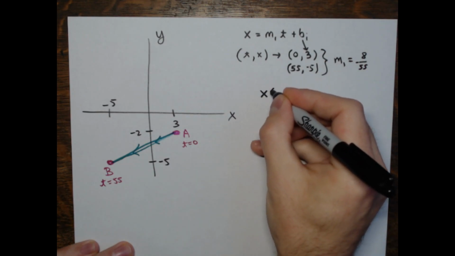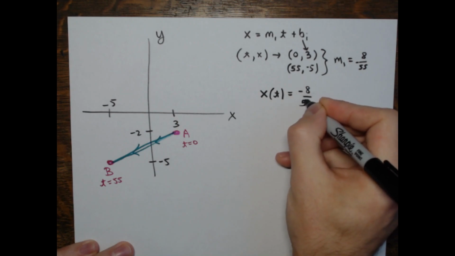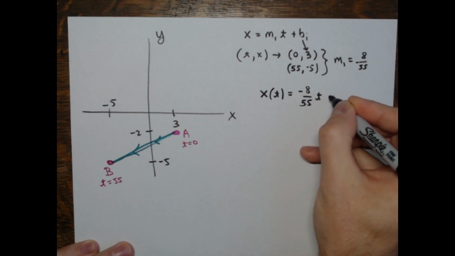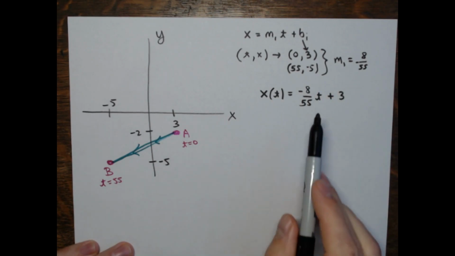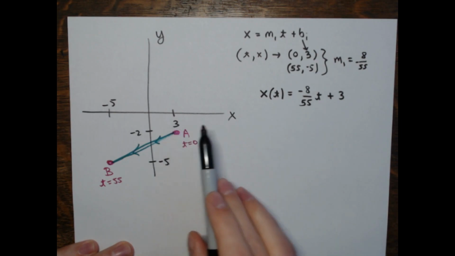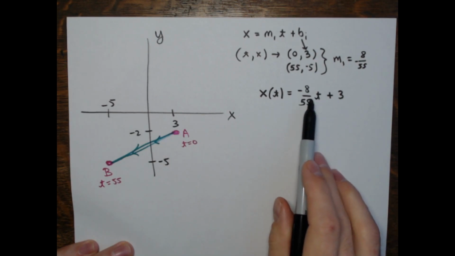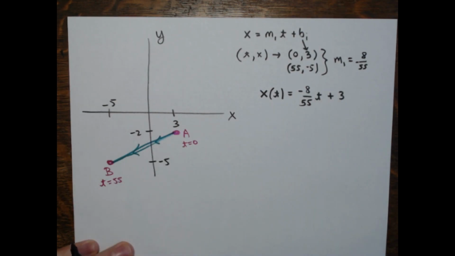So x of t is going to be -8/55 times t plus 3. And we can double check: when t equals 0, x is 3, so we're starting where x is 3. And when t equals 55, the 55s cancel, -8 plus 3 is -5. I'm over here. So there's the x coordinate in terms of t.